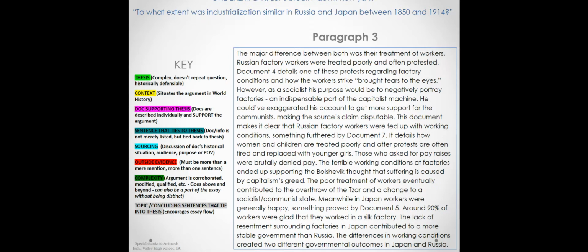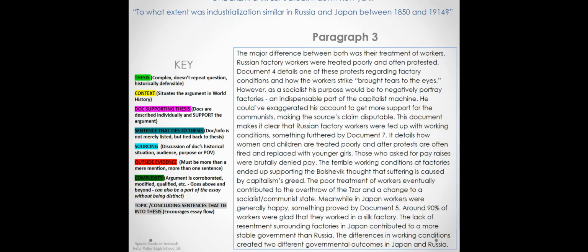The poor treatment of workers eventually contributed to the overthrow of the Tsar and a change to a socialist communist state. Meanwhile, in Japan, workers were generally happy, something proved by document 5. Around 90% of workers were glad that they worked in a silk factory. The lack of resentment surrounding factories in Japan contributed to a more stable government than Russia. The differences in working conditions created 2 different governmental outcomes in Japan and Russia.